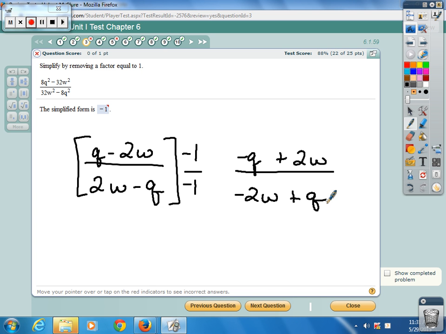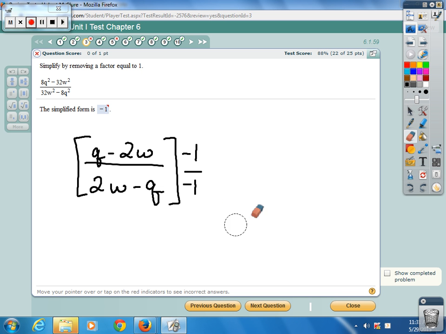Okay, hold on. Let me see what I can do here. 2W minus Q over... What they're doing is factoring out a negative 1 right here. They're not multiplying. Let me show you what they're doing. This Q is positive. This Q is what?